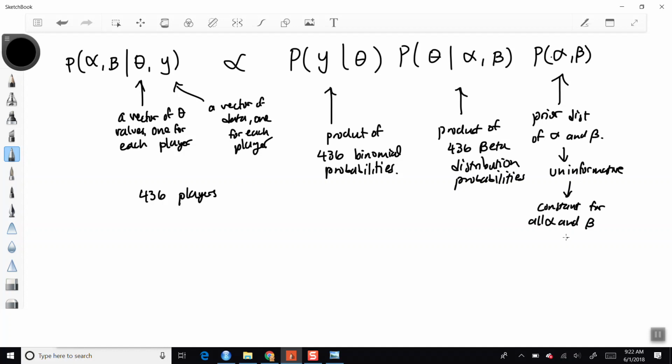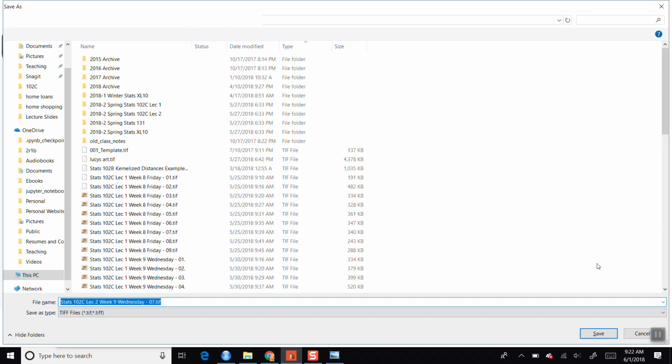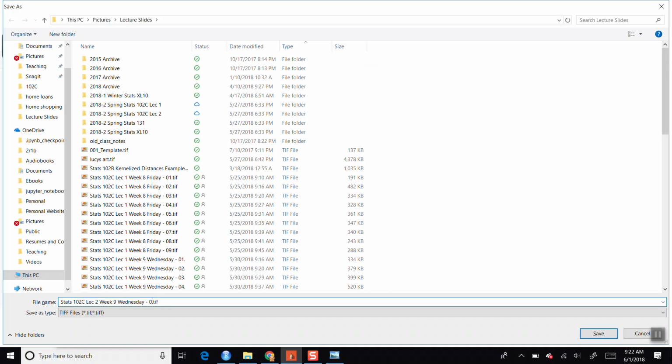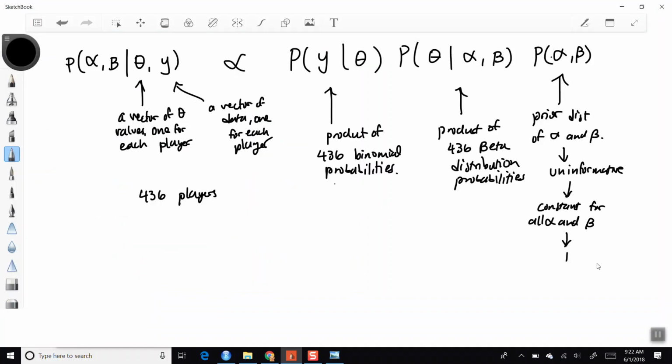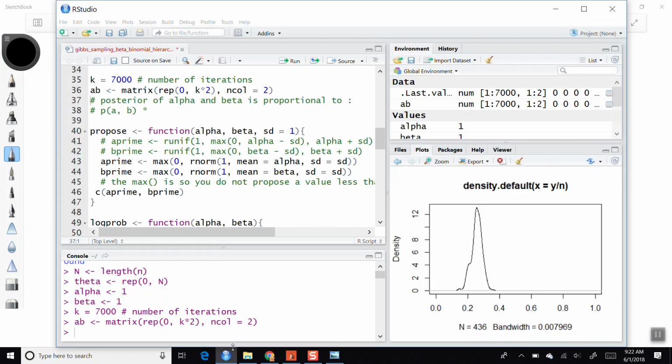Basically, I'm just going to use the value 1. Is that okay? So the probability is proportional to all of this.